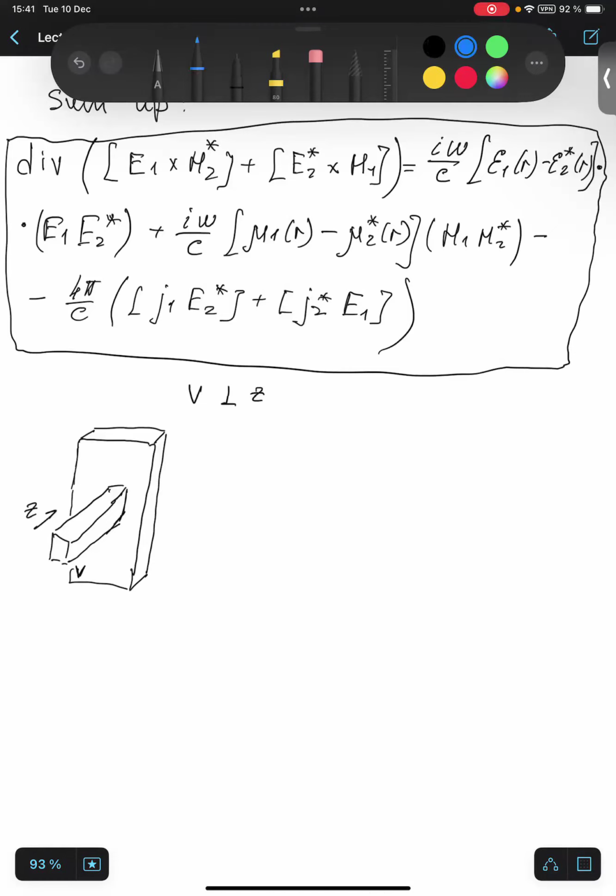Also, let's call this divergence just some f. And we want to calculate the integral dV of the divergence of f. How can we do it?